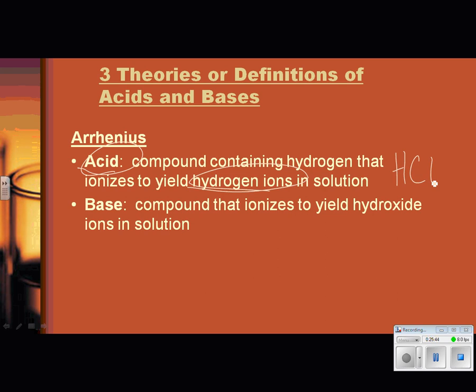It's pretty easy. Now, an Arrhenius base is one that breaks into hydroxide ions when it's in solution. So that would be NaOH. It breaks into positive Na ions and OH minus ions.